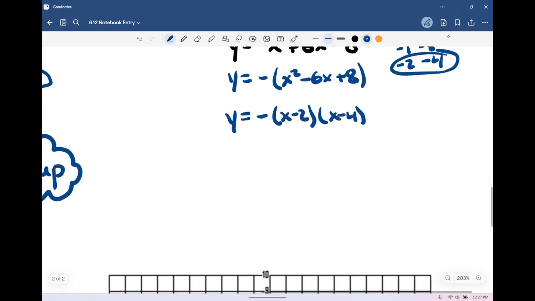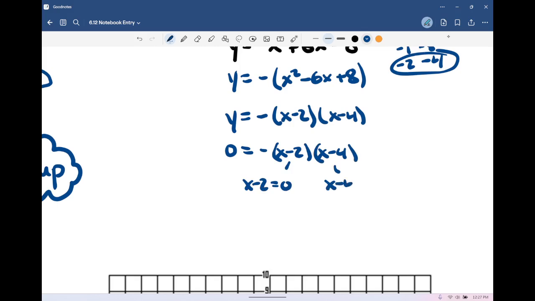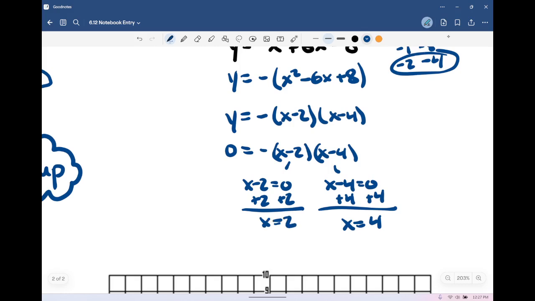From here, I still set it to 0. I'm going to have x minus 2 equals 0, x minus 4 equals 0. Add 2 on both sides, add 4 on both sides. x equals 2 and x equals 4, for 2, 0 and 4, 0.